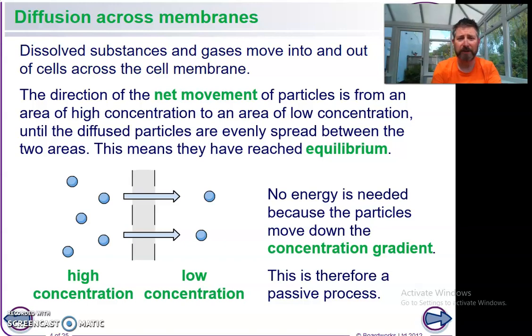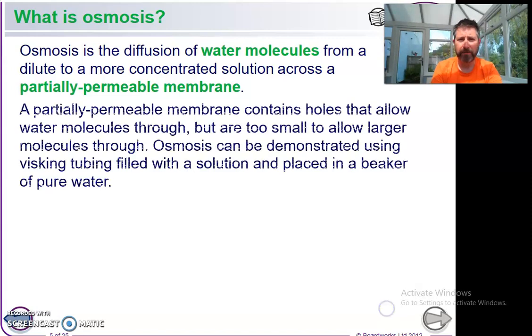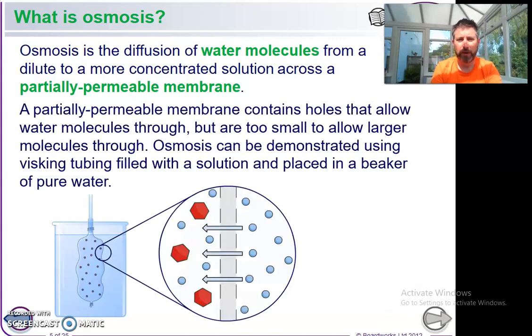Okay, it's the net movement from a high to a low concentration. And then the second type is osmosis. Now osmosis is a special type of diffusion because it's the diffusion of water molecules. It's the net movement of water molecules, from a high to a low concentration of water through a partially permeable membrane.